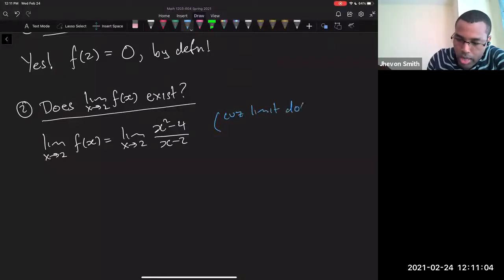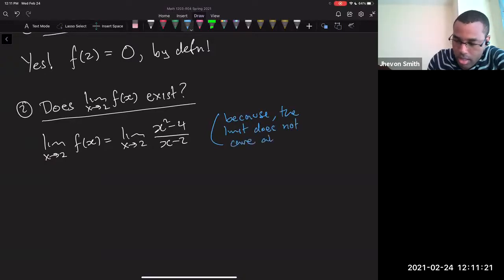Because the limit does not care about being at x equals 2. It cares about getting close.